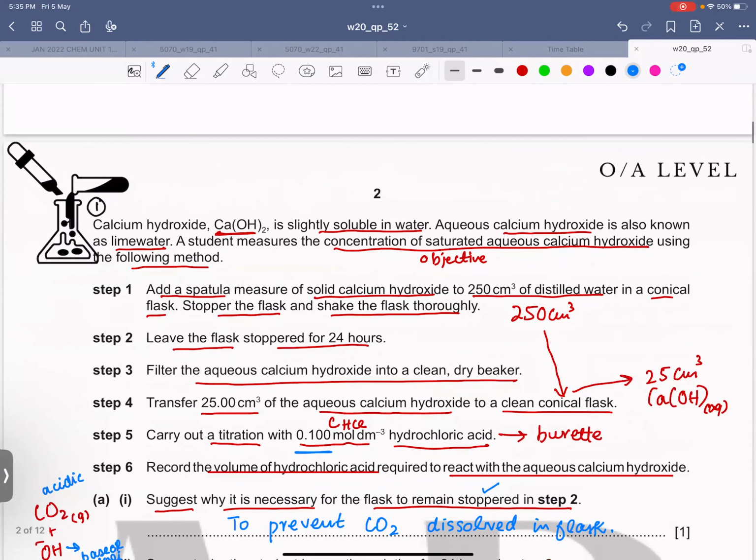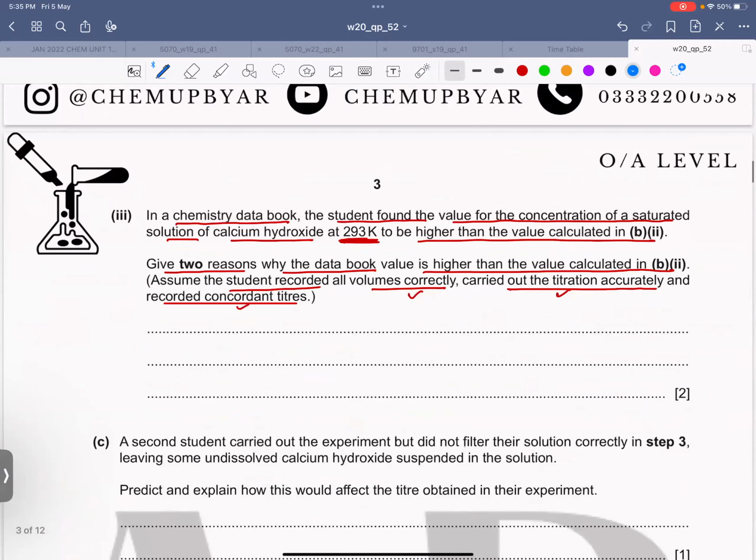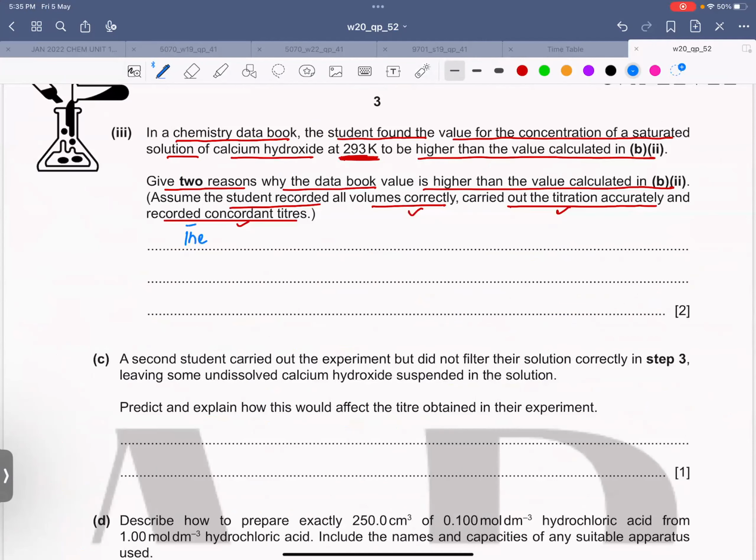So one reason can be that the temperature of the solution is different than 293 Kelvin. Is this point clear to everyone?